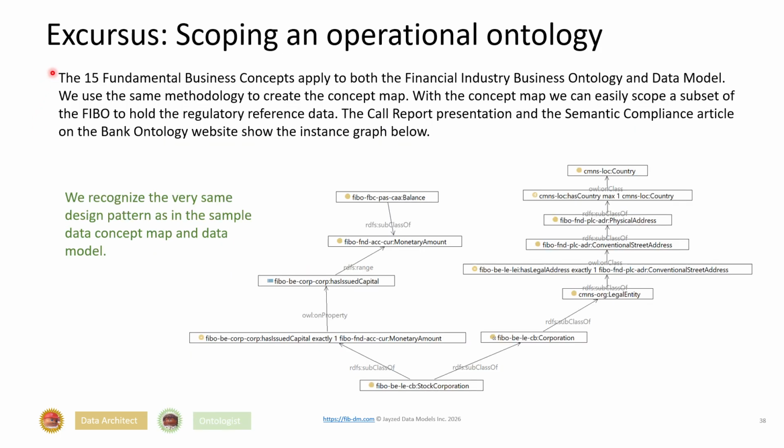Here's a little excursus. The approach with the FIB-DM concepts and the standardized associations is also fully applicable for ontologists. Think of when you have to scope an operational ontology, maybe also for FDIC regulatory requirements. Now, the 15 fundamental business concepts apply to both the FIBO and its data model.